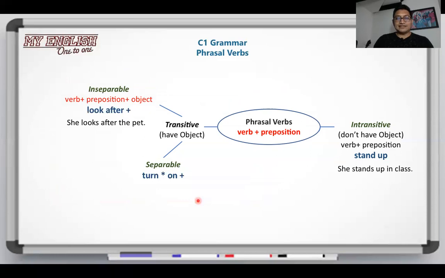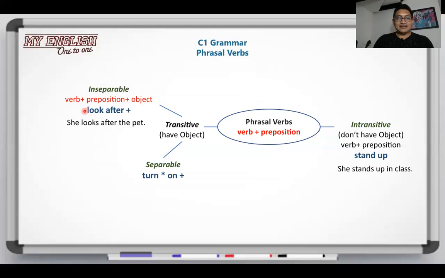Now, there is a challenge. Sometimes we're given a verb, for example, look after, turn on, or stand up. How can we know when it's separable, inseparable, transitive, or intransitive? Some grammar books have given us symbols to detect this.